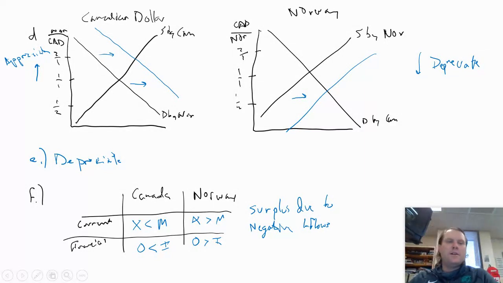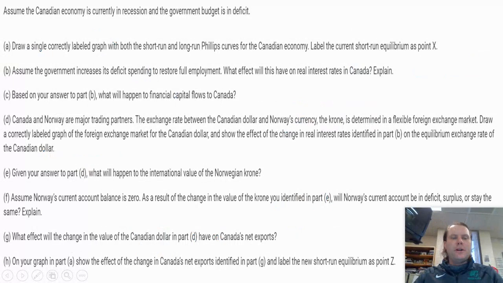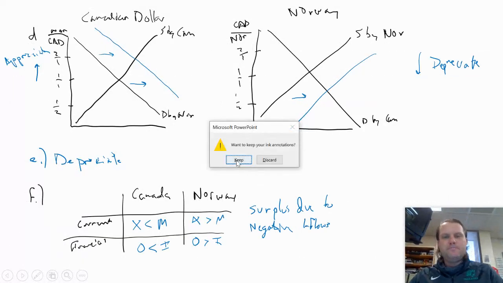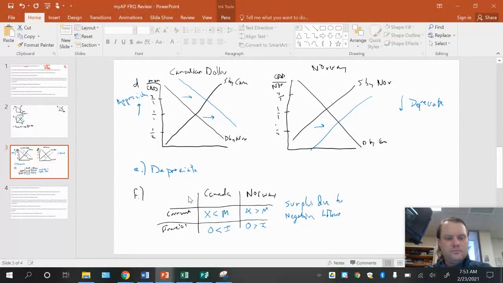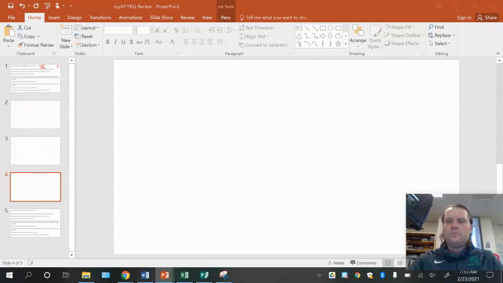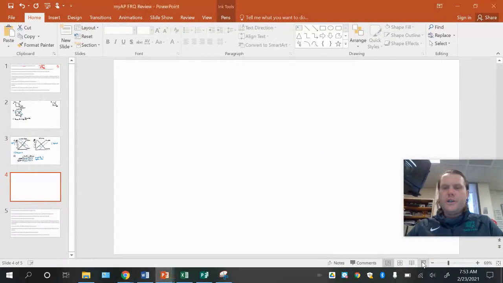All right, last but not least, and this is, I'm sorry, part G is not, we are not at the last part. I got to make another page. All right, so part G is asking us to tie in, due to the Canadian currency appreciating, well, eventually we're going to get into aggregate demand, but what happens to Canada's net exports?